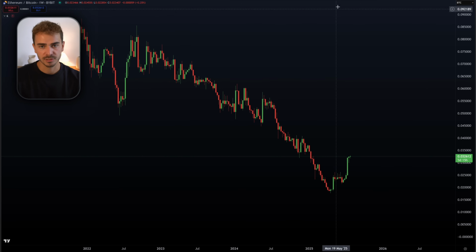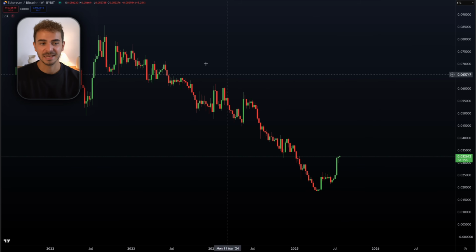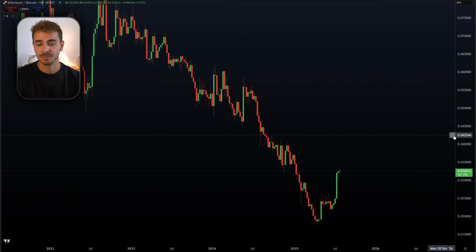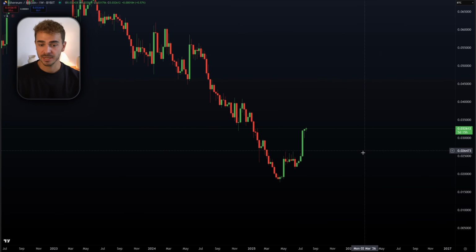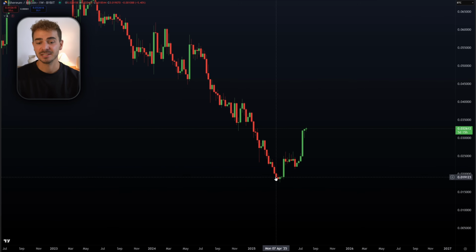Let's follow this market structure for a second. We had this high, low, lower high, lower low, lower high, lower low, and so on and so forth. So till April 2025, we had the most clean downtrend ever on this Ethereum against BTC chart. But it goes without saying that this has now come to an end.